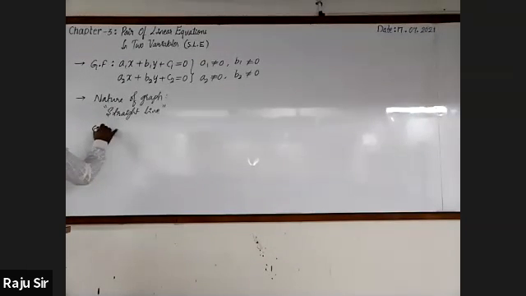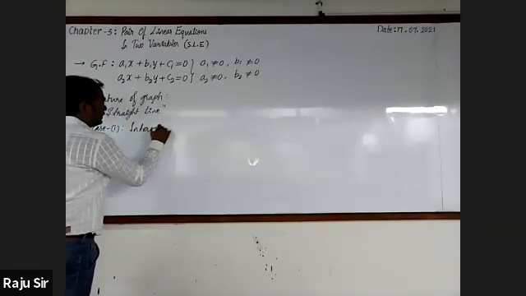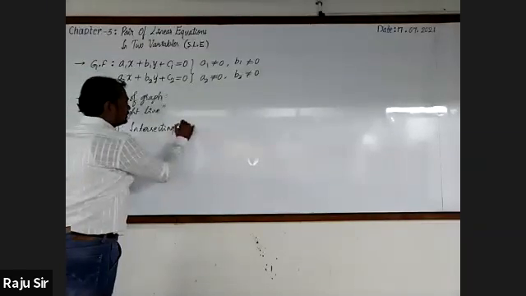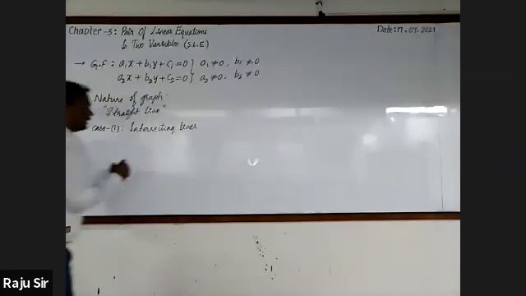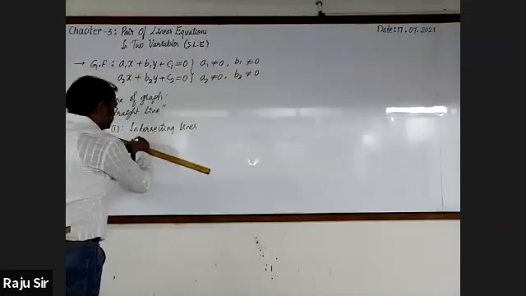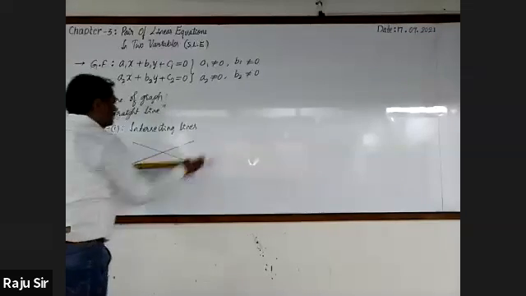So here I'll write first case one. Case one, it is intersecting lines. Means lines will intersect each other. Let me show with the figure. Take a scale and pencil and draw the two lines which intersect each other.